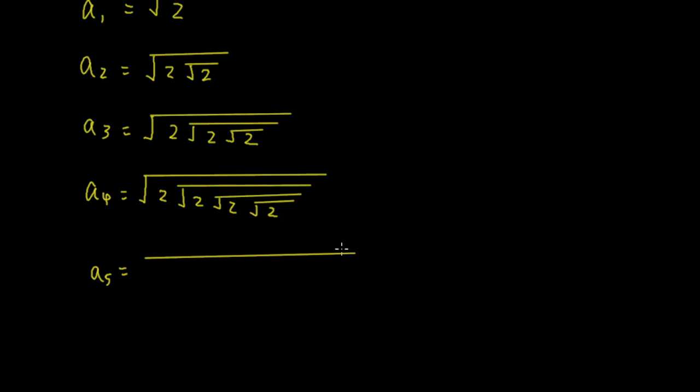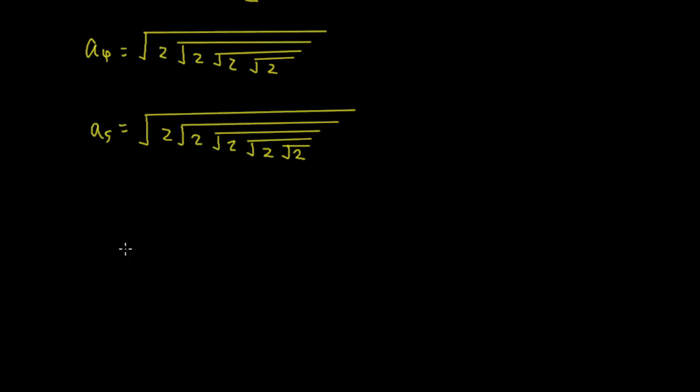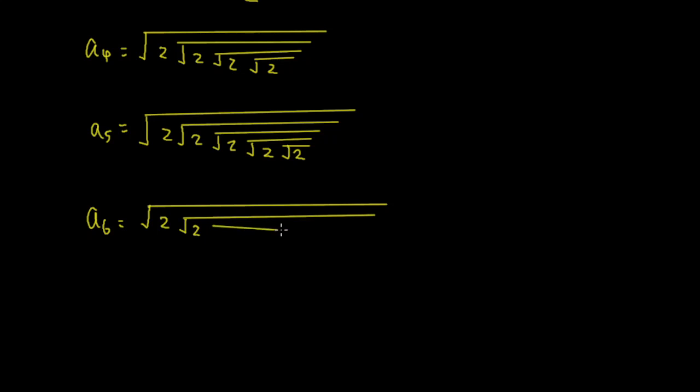That would be square root of 2 times square root of 2 times square root of 2 times square root of 2 times square root of 2. What would a sub 6 be? That would be square root of 2 times square root of 2 times square root of 2 times square root of 2 times square root of 2 times square root of 2.